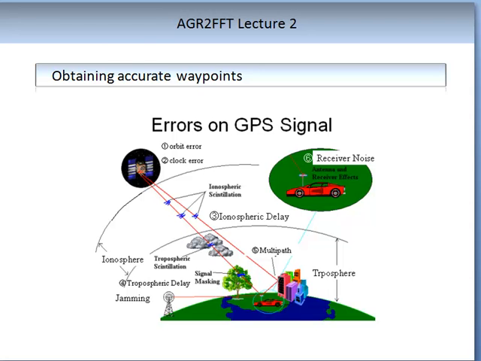An ionospheric delay occurs in the ionosphere, while a tropospheric delay, as its name suggests, occurs in the troposphere. The final error that this image describes is a multi-path error. These can include such errors as signal masking.